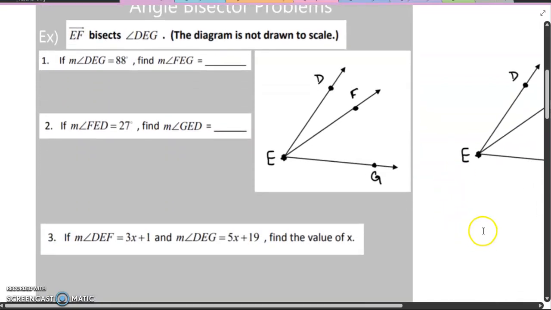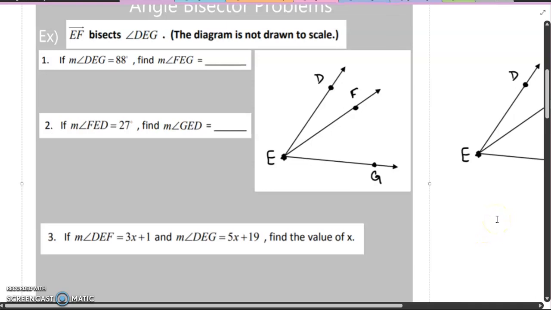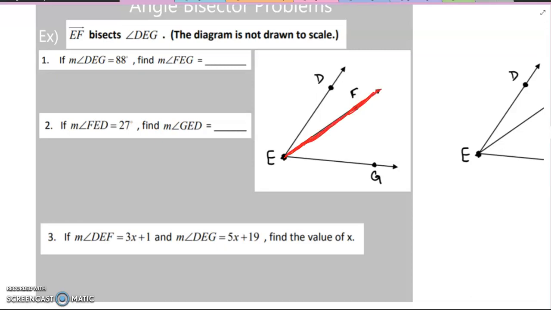For the first chunk, we're going to use this idea here that ray EF is going to bisect DEG. So again, just to remind ourselves what's happening here, the EF, I'm going to highlight here in red, that is the angle bisector. Now the drawing may not look like that, the drawing is not to scale. That's okay. We still are going to follow the rules that are given to us here.